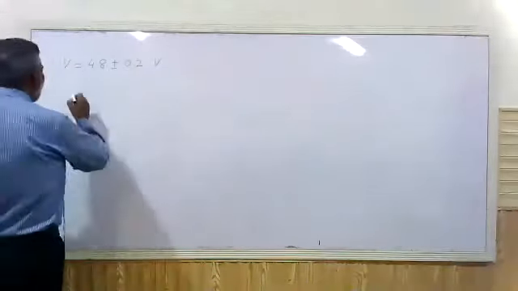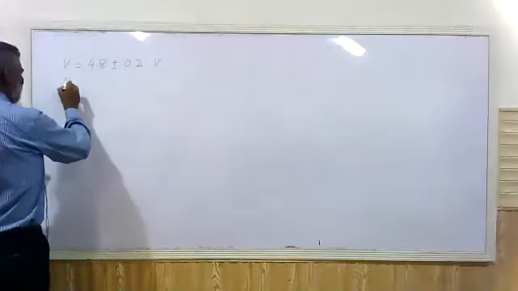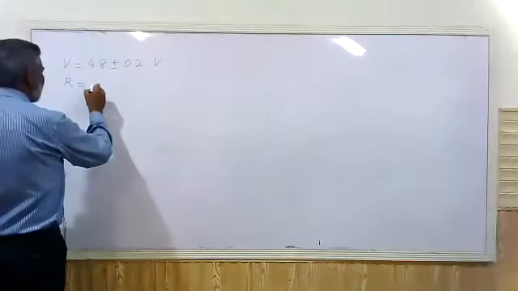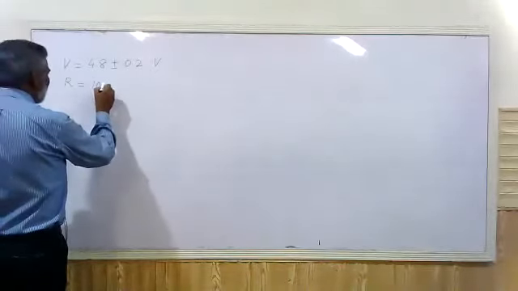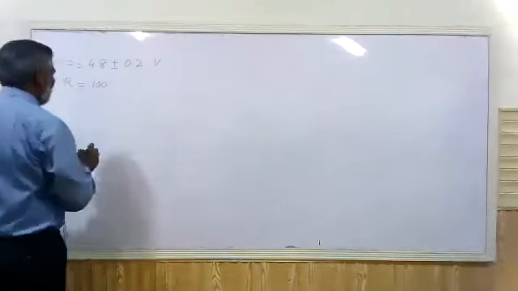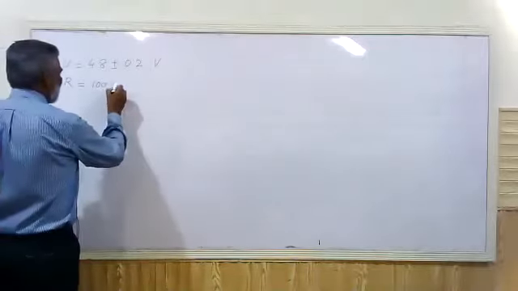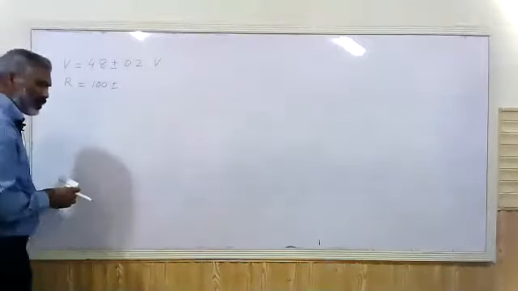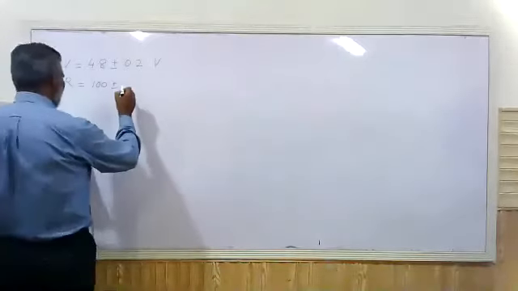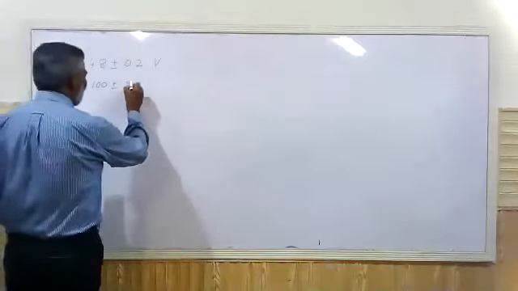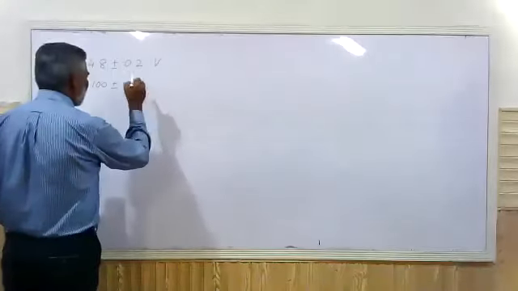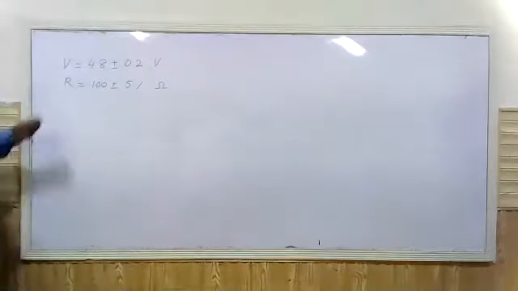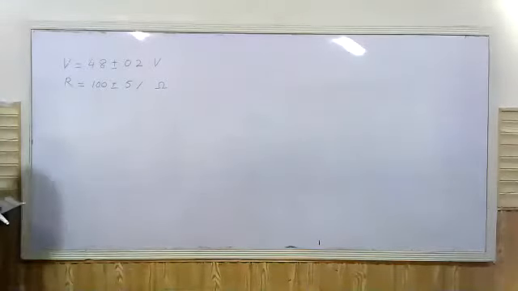And another quantity that is measured and provided is the resistance of a particular resistor, and that is 100 ohm. But this time, instead of giving it in the form of absolute uncertainty, they inform us that there is 5% uncertainty in the resistance of a certain resistor.